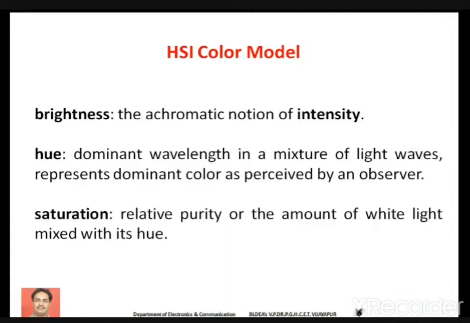Next, we have intensity. Intensity is nothing but brightness, we can say. Brightness can be defined as the notion of intensity. So this color model deals with these three components: hue, saturation, and intensity.